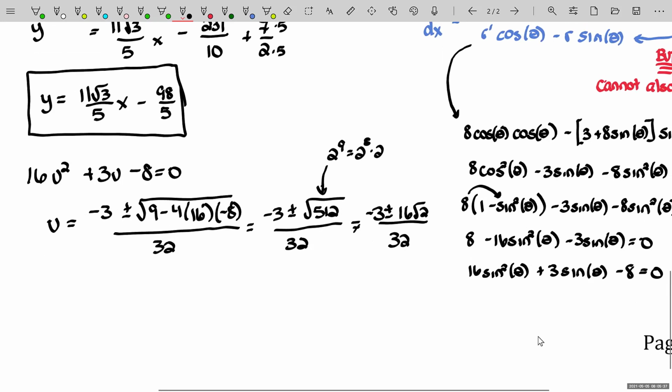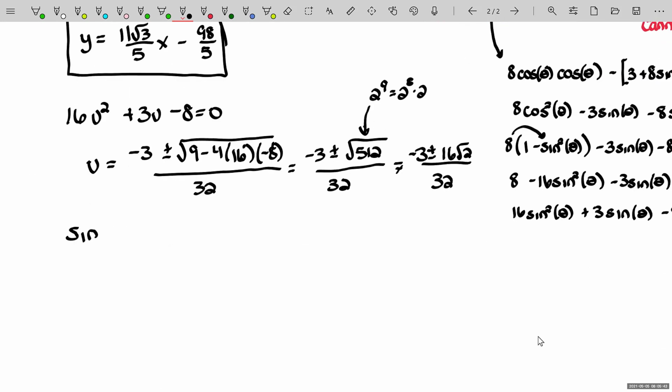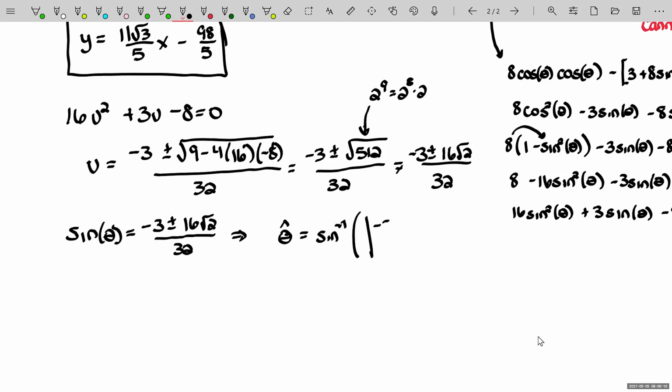So what we're going to do here is you take the sine inverse. Oh, sorry. By the way, u was equal to sine of theta. So that will imply we will get a decimal approximation here because it's just going to have to. Your reference angles, not your actual angles, but your reference angles are sine inverse of the, I always use absolute values here, absolute value of -3 plus 16 root 2 over 32.